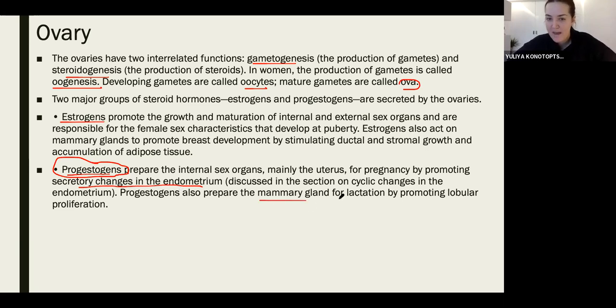To make sure that mammary glands are prepared for lactation. So progesterone will also be doing that, right? Proliferating your mammary glands. You are a female because of this hormone, estrogen. So everything which you have as a female is because of this one, right? I have internal and external sex characteristics because of estrogen.